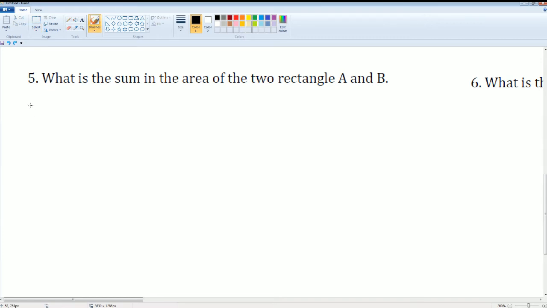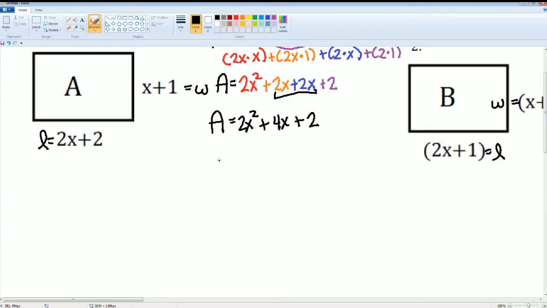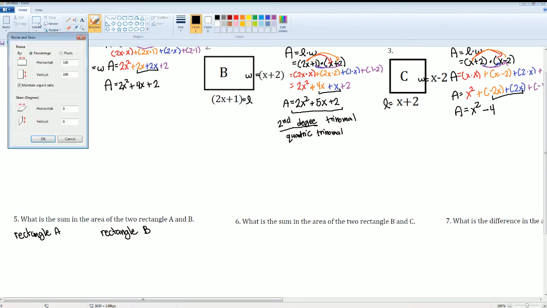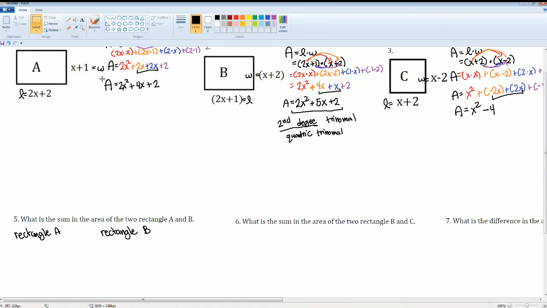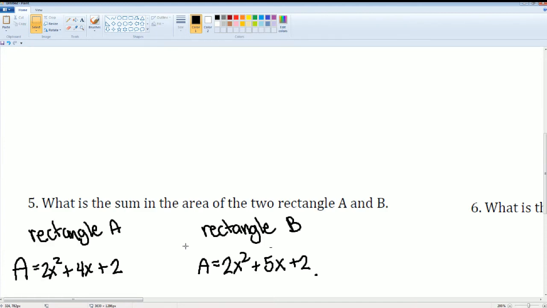Okay, so let me get rectangle A, and I need rectangle B. Alright, so let me grab them. So this is A. Okay, and this, the quadratic trinomial, is B. Okay. Alright, so we have it here.